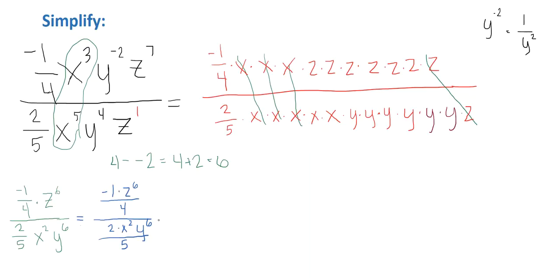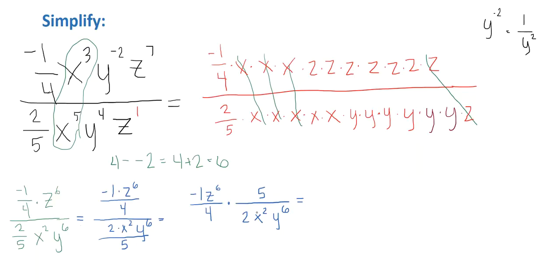So now all we have to do is, instead of dividing by a fraction, we multiply by its reciprocal. So now we have negative 1 z to the 6th over 4 times 5 over 2x squared y to the 6th.